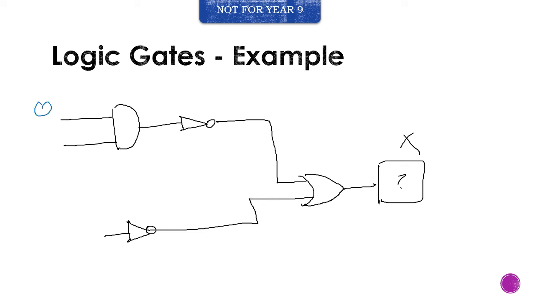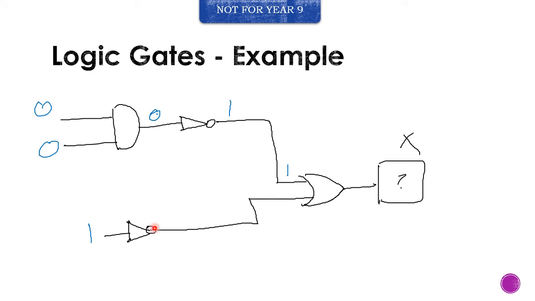So let's say this is 0, and this is 0, and this is 1. OK, so 0 and 0 on the AND gate gives me a 0. 0 on the NOT gate would change to a 1 because a NOT gate reverses the current. So this 1 moves along and reaches here as 1. So let's write 1 over here.